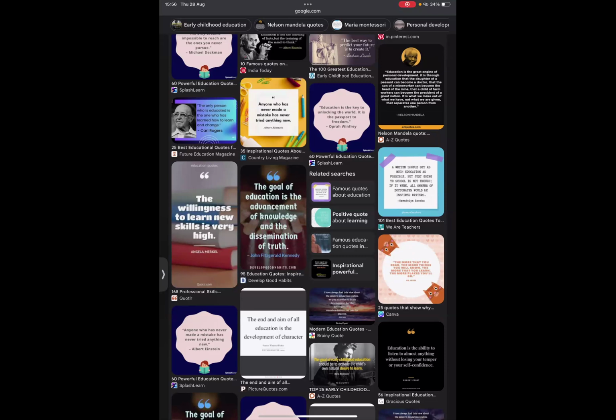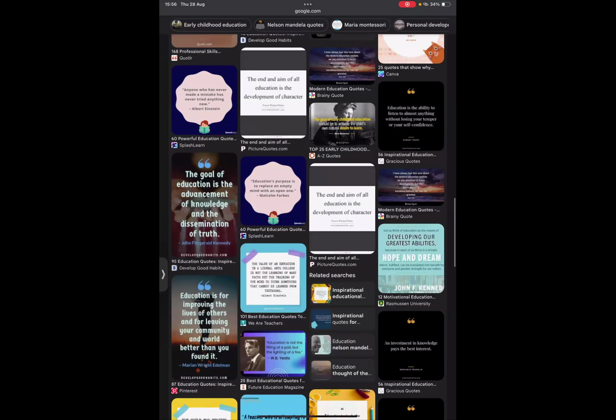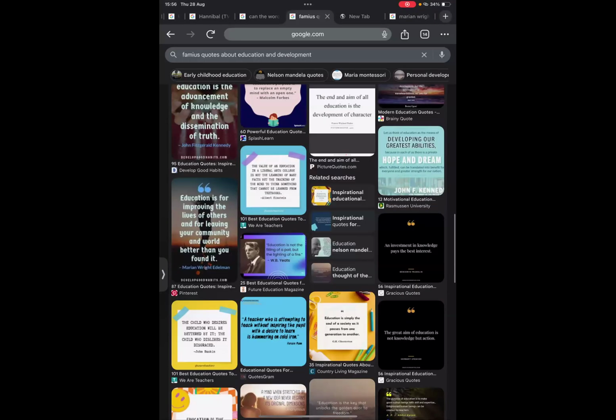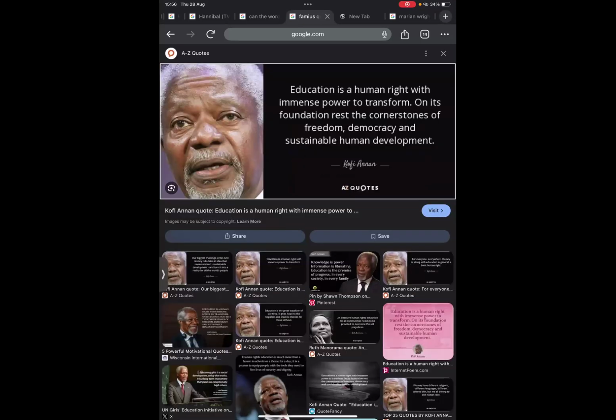Anything else? Nope. So I think I'll just stick to Kofi Annan's statement. He said, education is a human right with immense power to transform. On its foundation rests the cornerstone of freedom, democracy, and sustainable human development. I'm going to paraphrase this too.